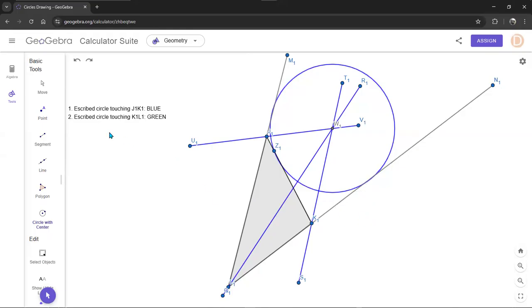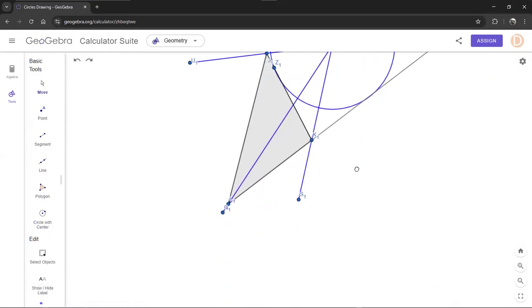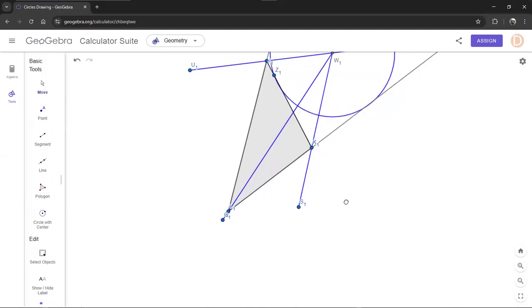So we can go to the second one, the escribed circle touching K1, L1. So this is K1, L1. That circle, like this one, is supposed to come and touch this line here. For this case, we need to push this one up because we don't need it so much, since we are already done with that. So first of all, if we're dealing with this line, you must have guessed that the interior opposite angle that we need to bisect is this one here.